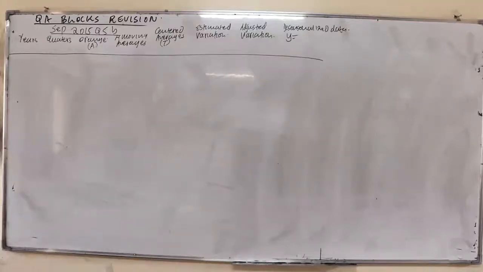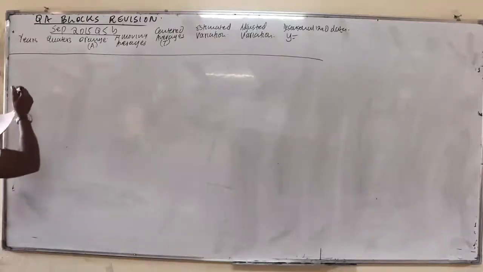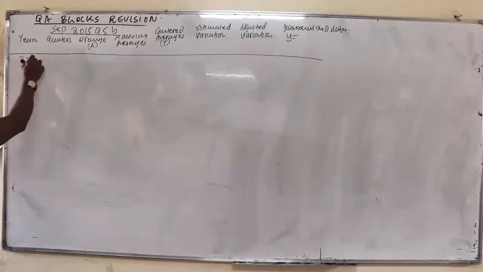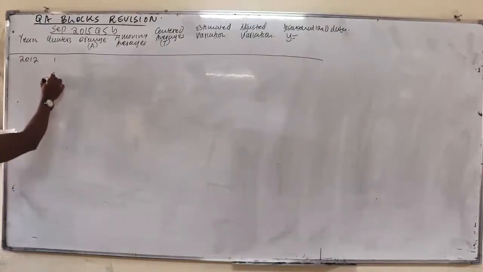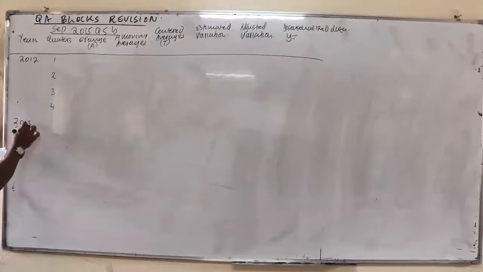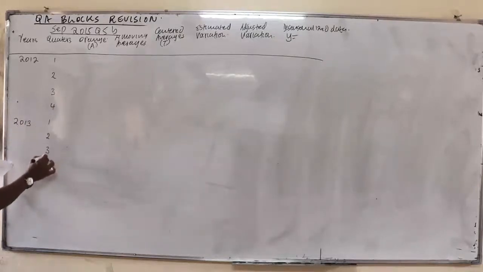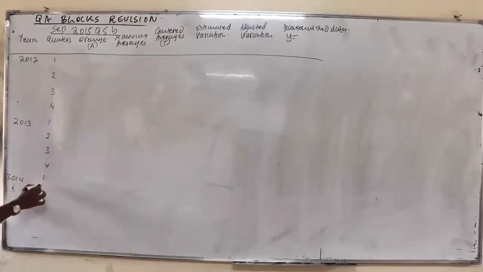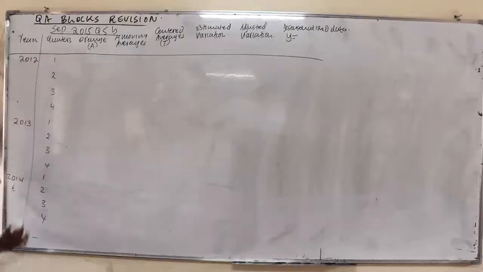So we have year 2012, quarter 1, quarter 2, quarter 3, quarter 4. 2013, quarter 1, quarter 2, quarter 3, quarter 4. And 2014, quarter 1, quarter 2, quarter 3, quarter 4.